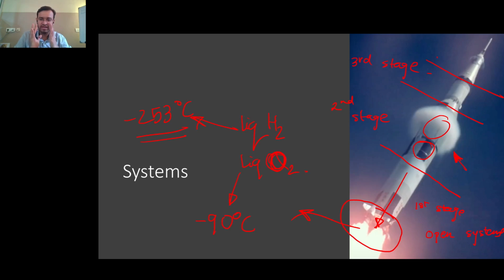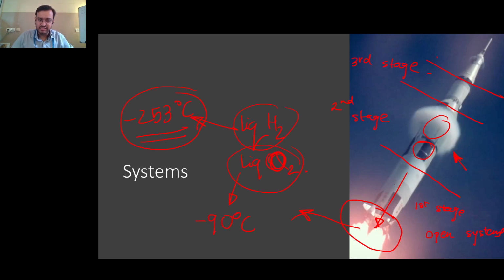Okay, so this entire system right now, since it's not operational, everything is shut down. There is obviously no mass flow across the boundary. At the same time, since you need to keep the liquid hydrogen and liquid oxygen at really low temperatures, there's no energy flow across the boundary as well to heat them up.